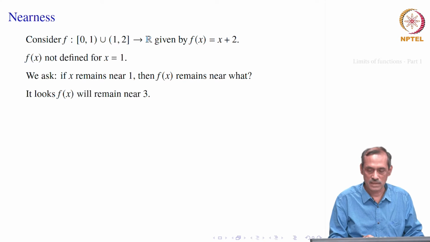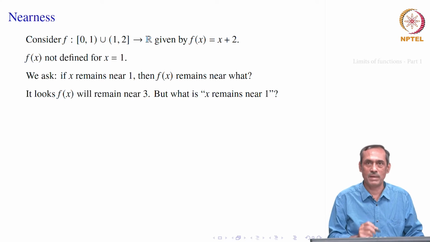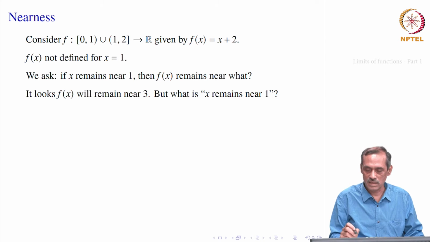That is what it looks like. But what do we mean by this nearness? Only after confirming what nearness we are talking about can we think of whether f of x remains near 3 or not. Well, that is a difficult thing because we do not know what near really means in real numbers. Suppose you take 1 and you are scaling here, say this is 0 and this is 1, you may think near means somewhere here.